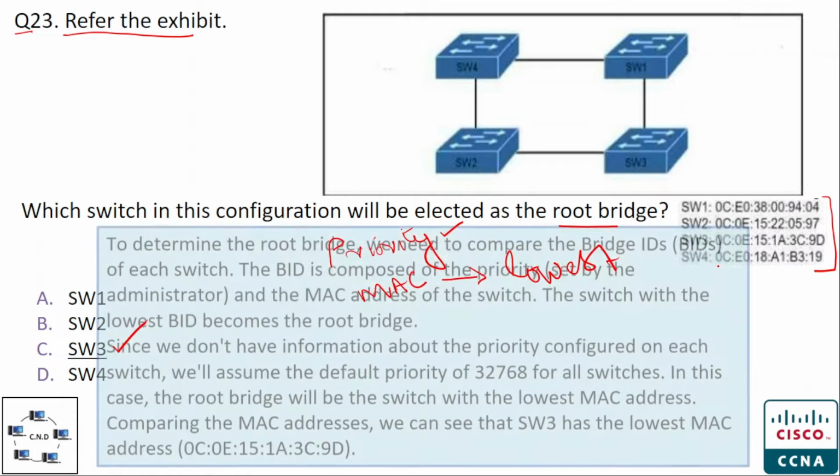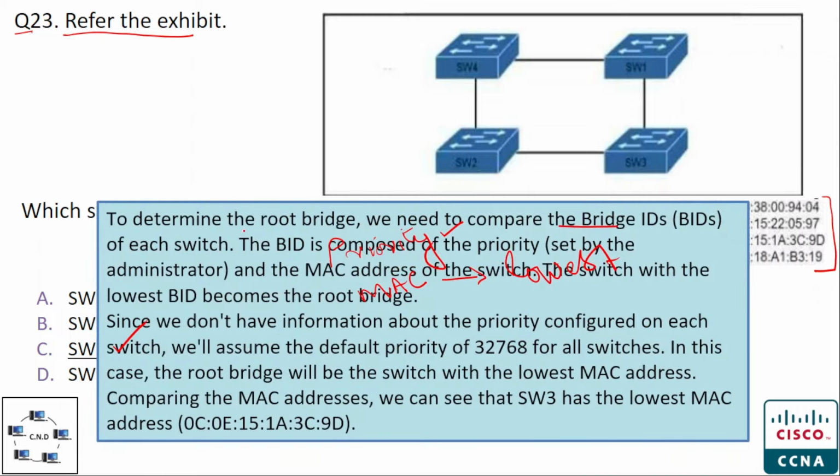And how is that? So this is explained here. To determine the root bridge, we need to compare the bridge IDs of each switch. The bridge ID is composed of the priority set by the administrator and the MAC address of the switch.